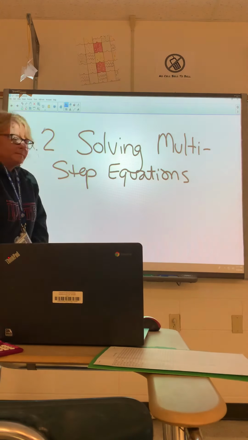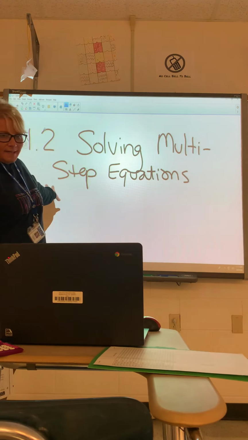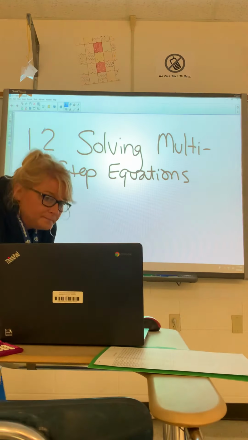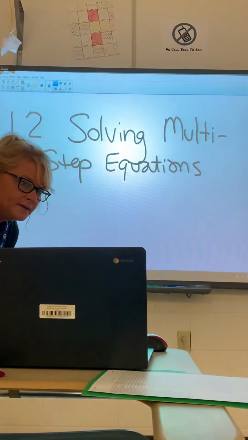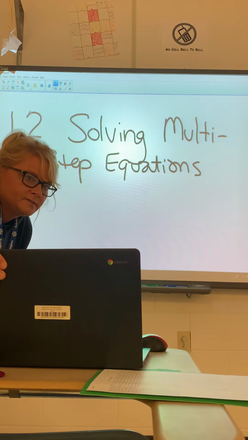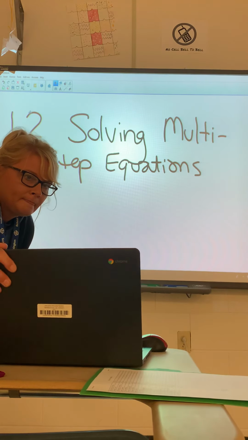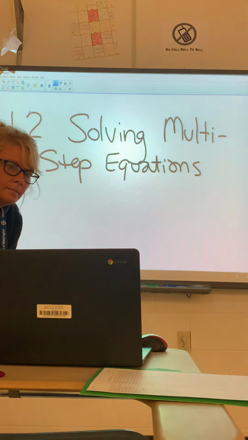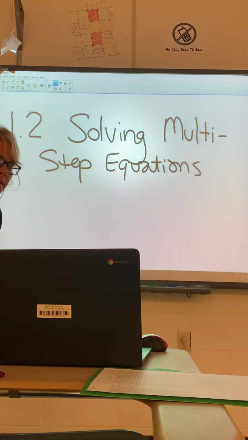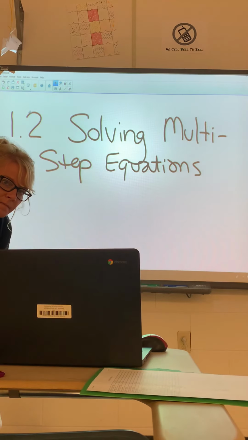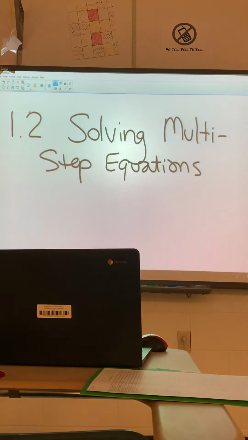The notes that I had, say what? Just the board say, I can't see it. It says solving multi-step equations. Can everybody else see it? Okay.